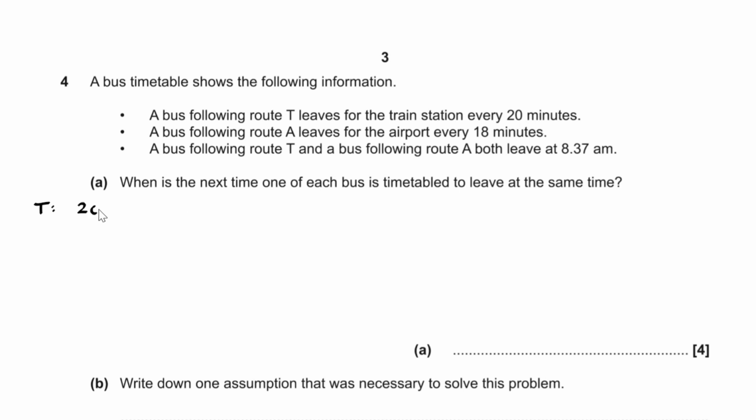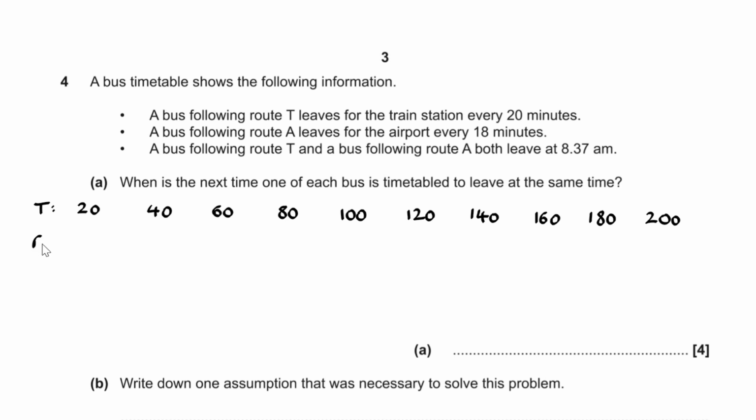So we've got 20, 40, 60, 80, 100, 120, 140, 160, 180, 200. I'm listing the multiples for route T.